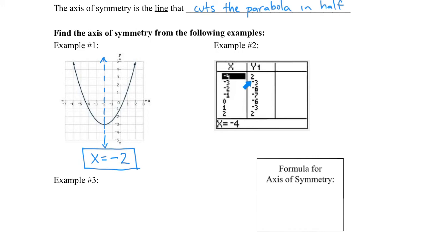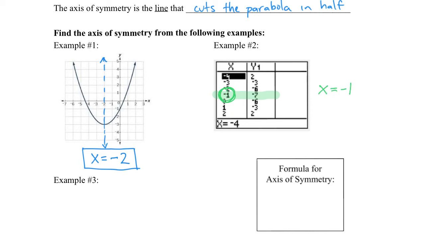Notice 2, -3, -6, -7, and then it starts going back up: -6, -3, 2. What that means is that this right here is like the middle of the parabola. That allows us to know where my axis of symmetry is, and in particular we're looking for the x value of it. So in this case, my axis of symmetry is going to be x equals -1.